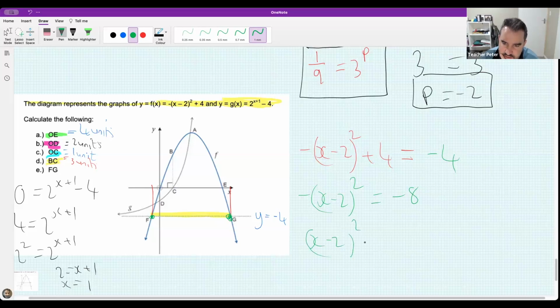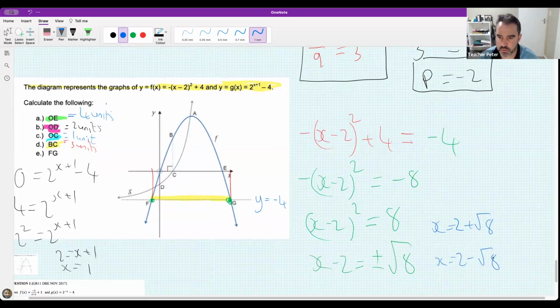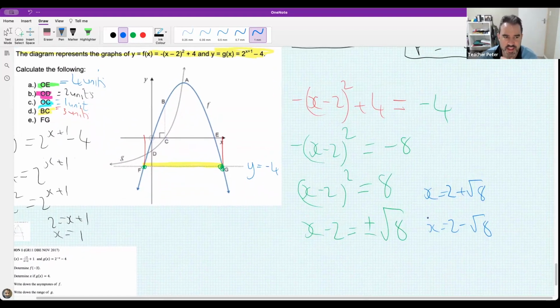And then I get positive 8, thankfully. And now I have to square root both sides. And I'm going to get plus minus the square root of 8. Now, those two answers are going to become x is 2 plus square root 8, and x is 2 minus square root 8. Give me a thumbs up if you followed that I did there.